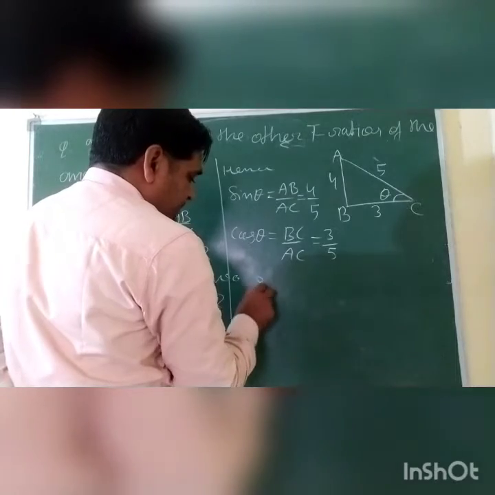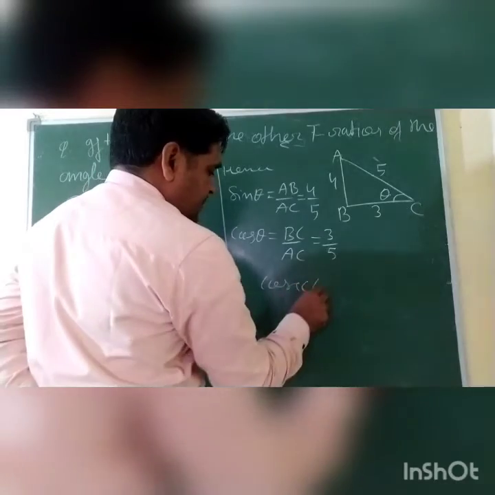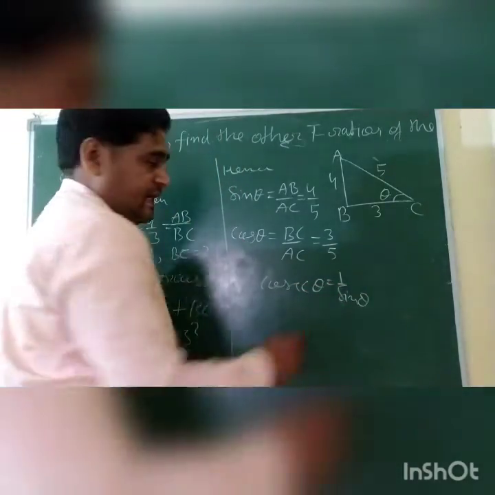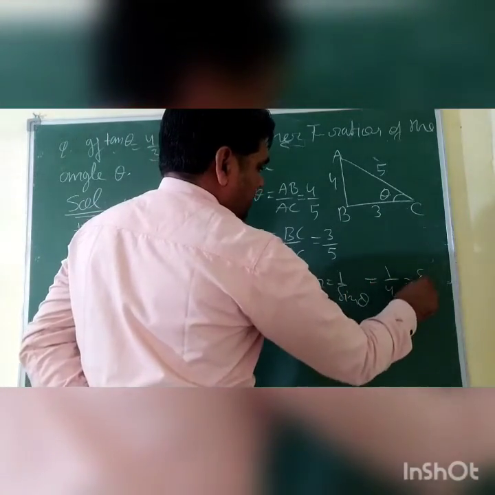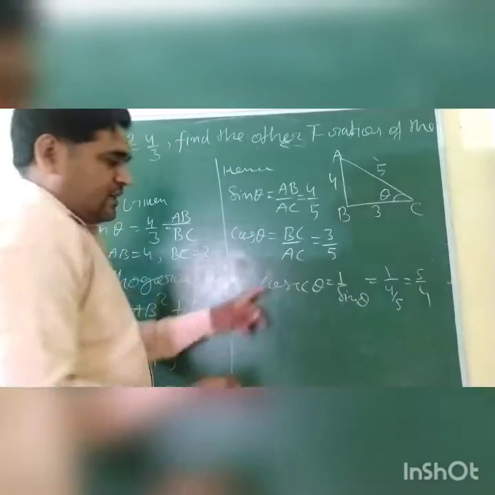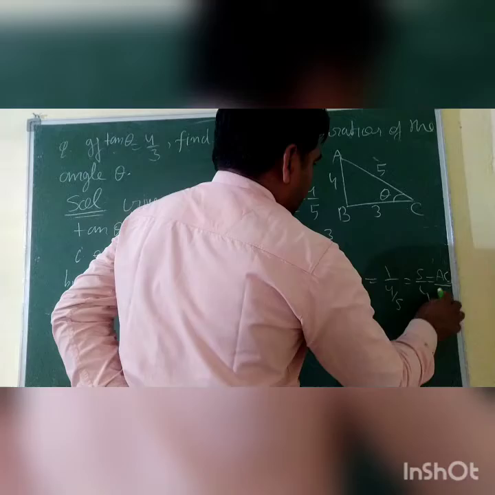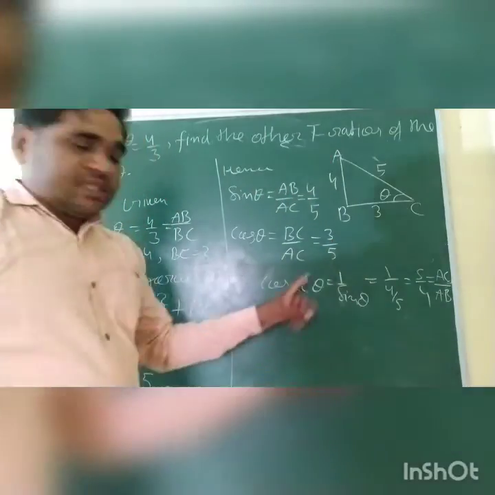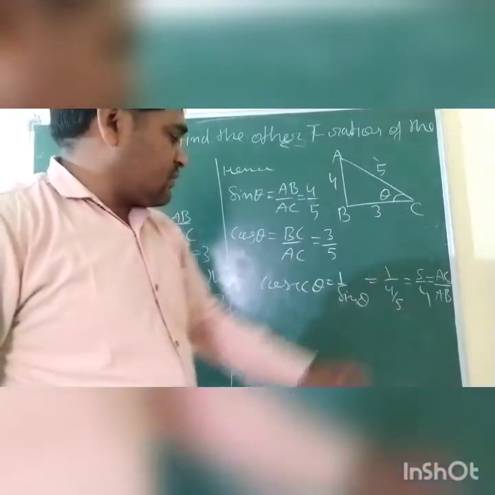We know that cosec theta equals 1 upon sin theta, which is 1 upon 4 by 5, equal to 5 by 4. That means cosec theta equals AC by AB, so you get 5 by 4.